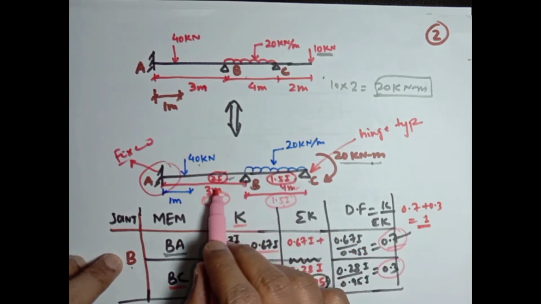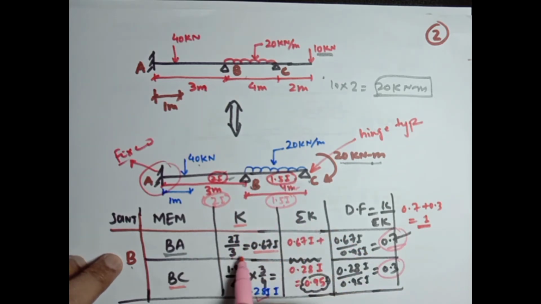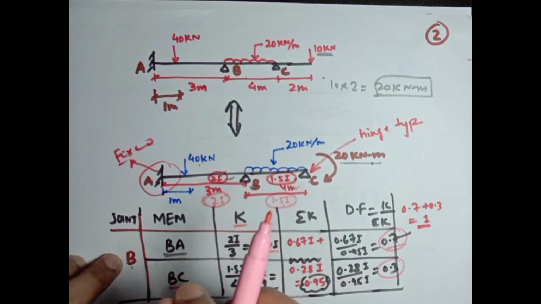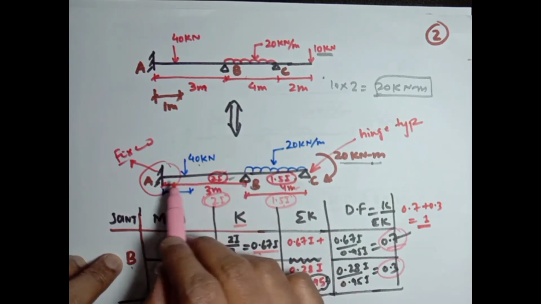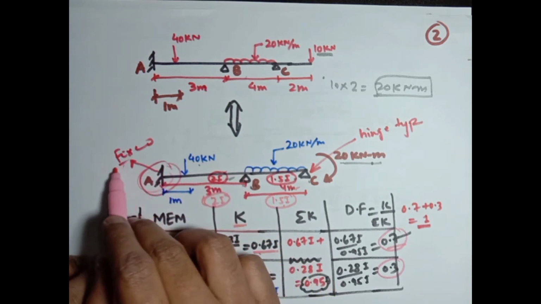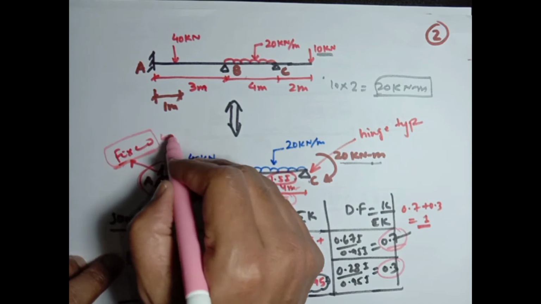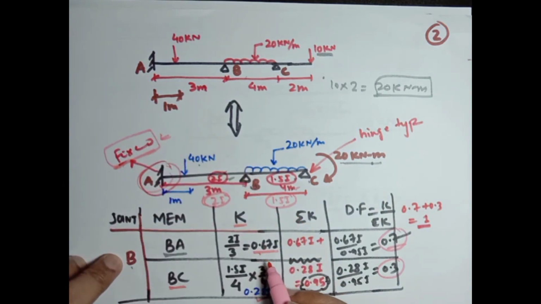Actually here, the moment of inertia has been divided by length only, because you need to remember one point here. If the far end is a fixed support, we need not multiply any factor with the stiffness value.